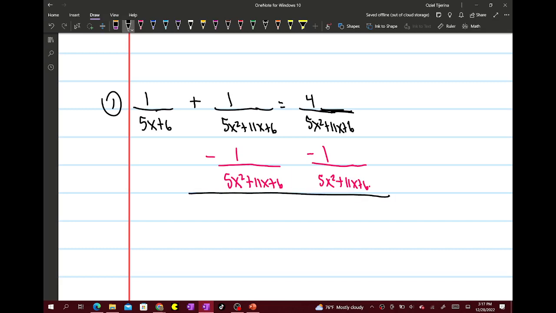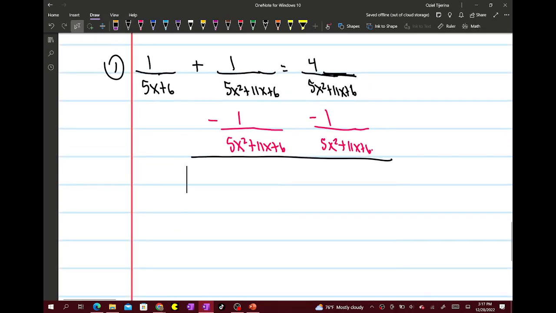Since they have the same denominator, this cancels out, you just have 4 minus 1 over 5x squared plus 11x plus 6, and this you just bring down.